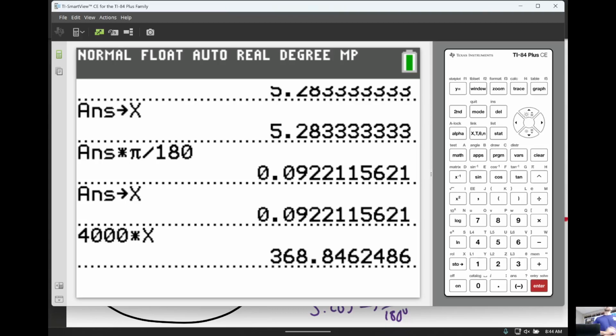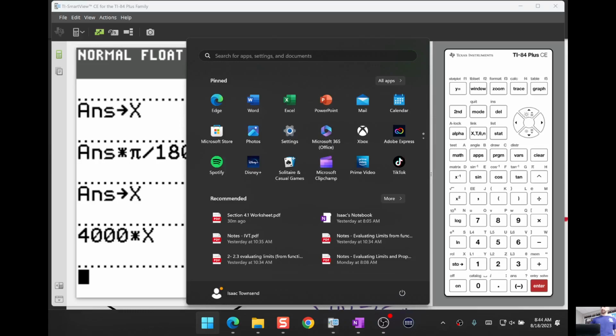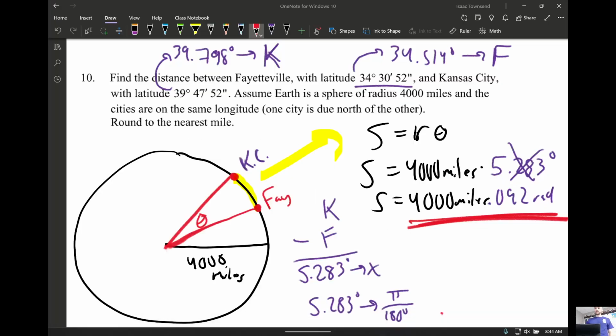Except that the question I think asked you to round to the nearest mile, so we're looking at 369 miles if you're rounding to the nearest mile. About 369 miles.